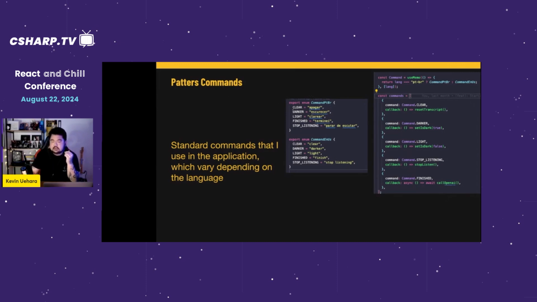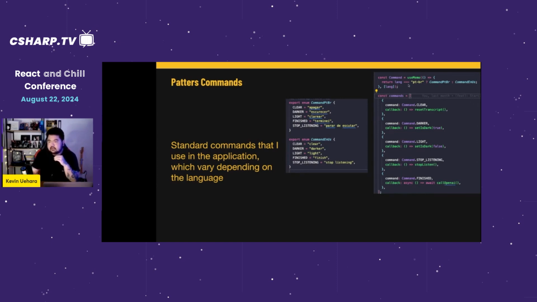So I create these commands in Portuguese and in English. Here clear is apagar, darker is escurecer, and in English it's clear, darker, light. And these commands I map in the commands here, okay?